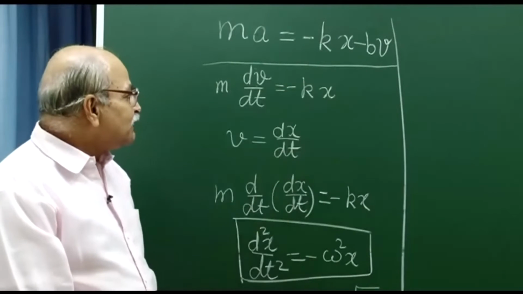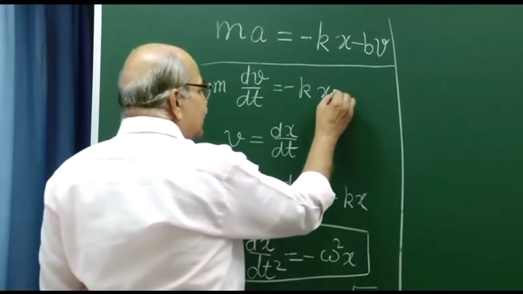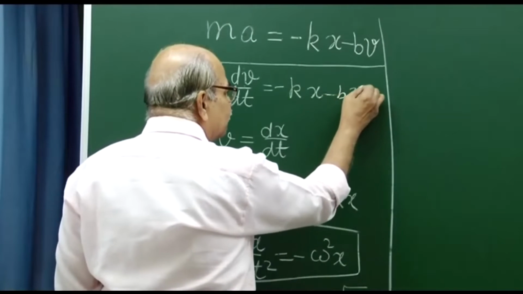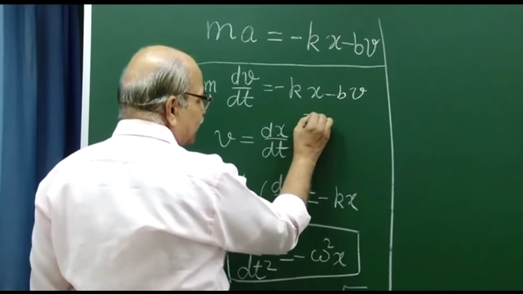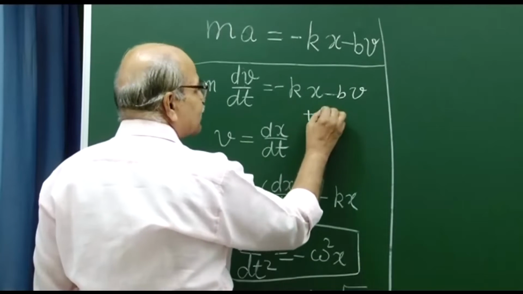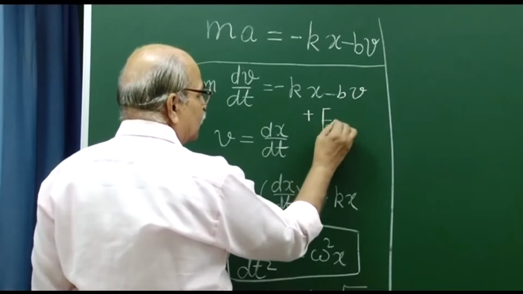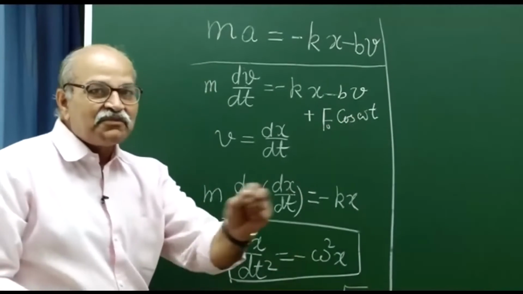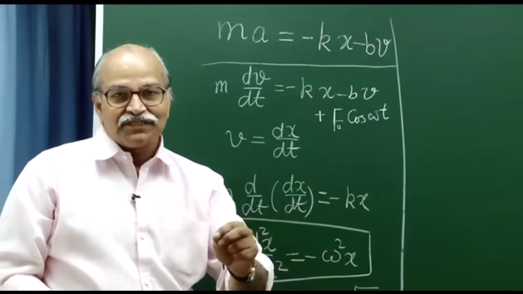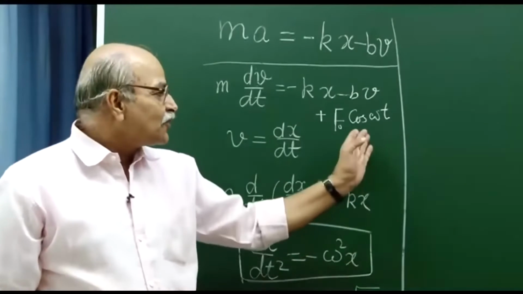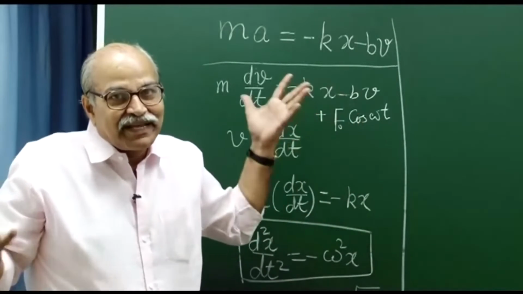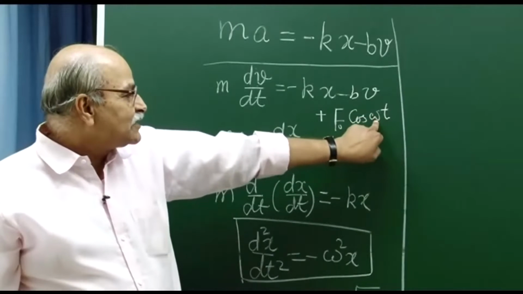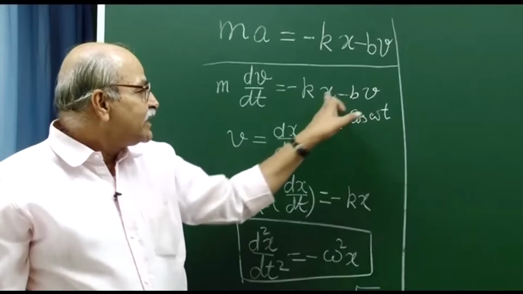Then you have this damping force, and together with that we are also adding an external force, which you can write as plus some f naught cos omega t. Of course, when I am giving this periodic force through my fingers, I am not following that nice smooth cos omega t variation, but nevertheless let us say at some frequency omega we are applying an external force.